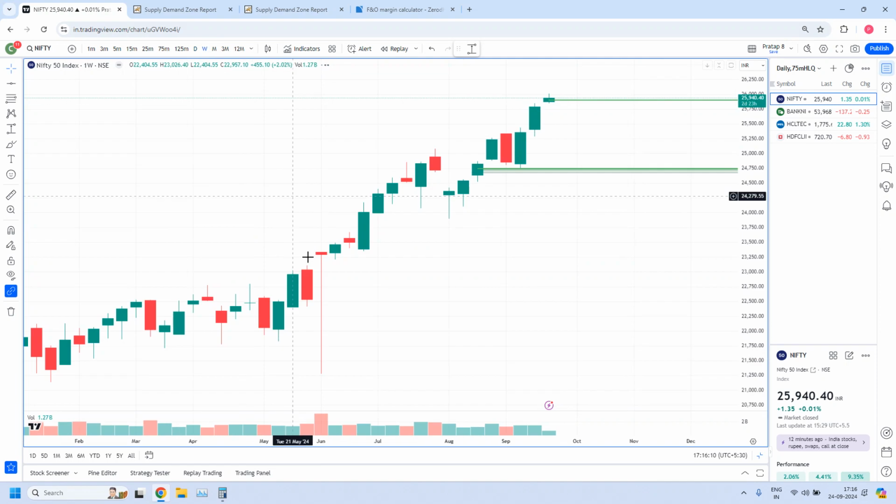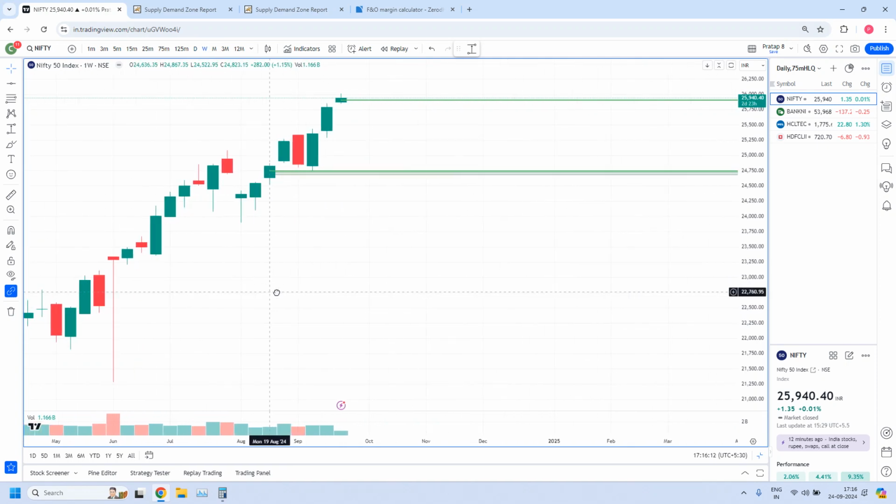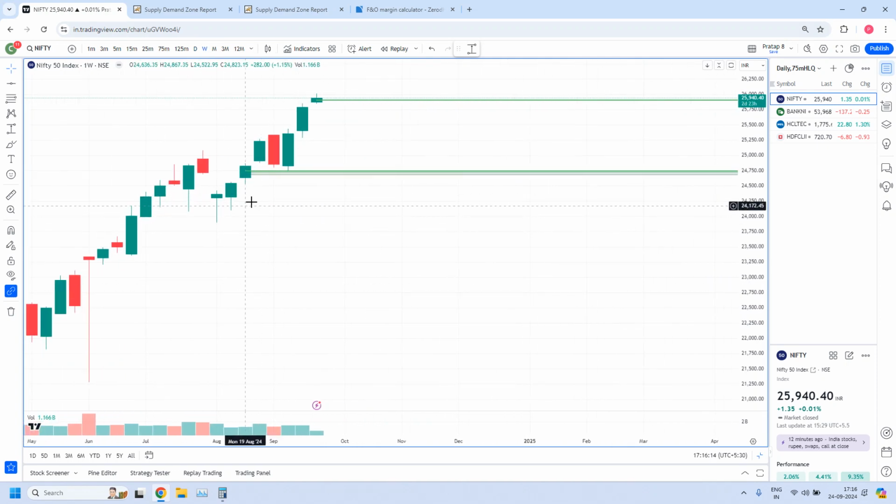And the weekly zone is, this could be a drop candle, this is the leg out, and maybe these two are the base candles. Then with the hidden body, a small hidden body, it gets another rally candle.